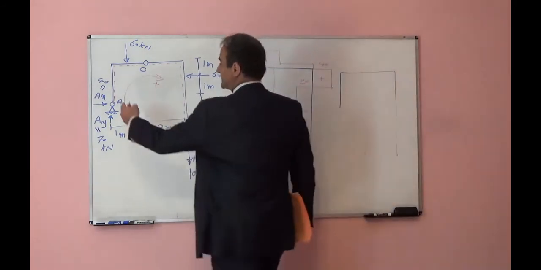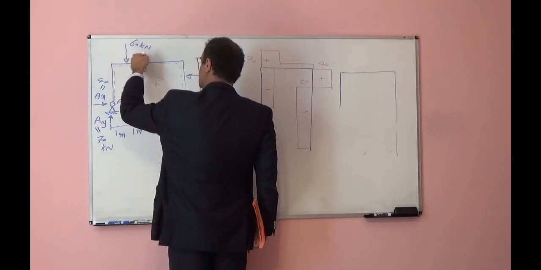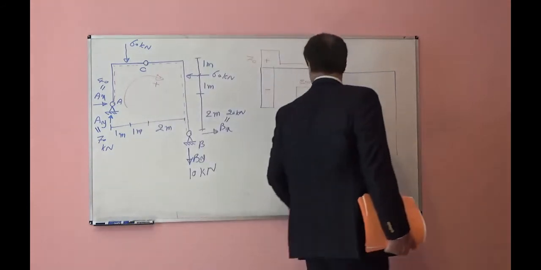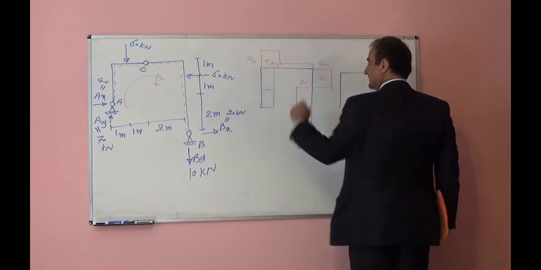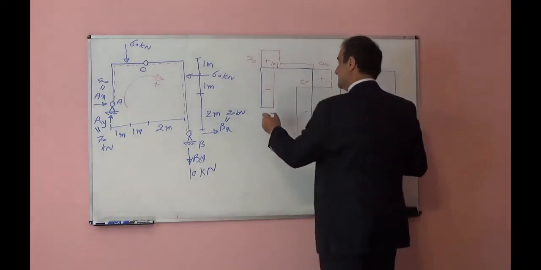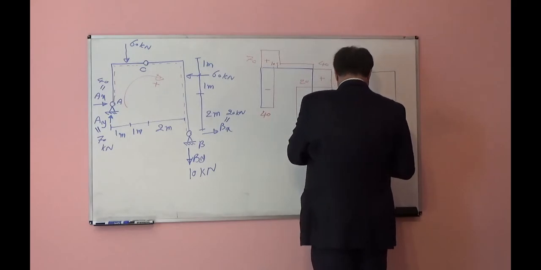Or 70, move up, continue, 60 down, there is no force, come here, 10 down, close the diagram. So here this height will be 10. Okay, this is 40.